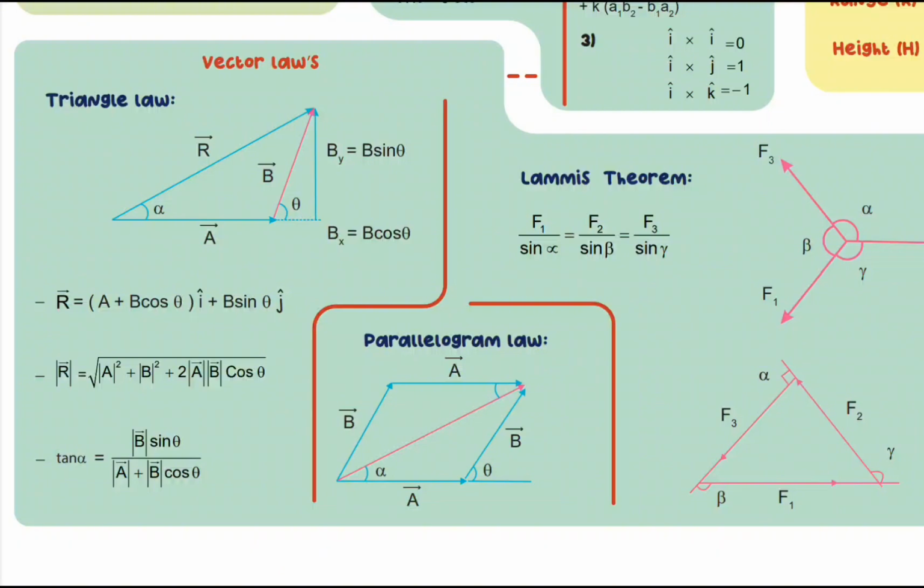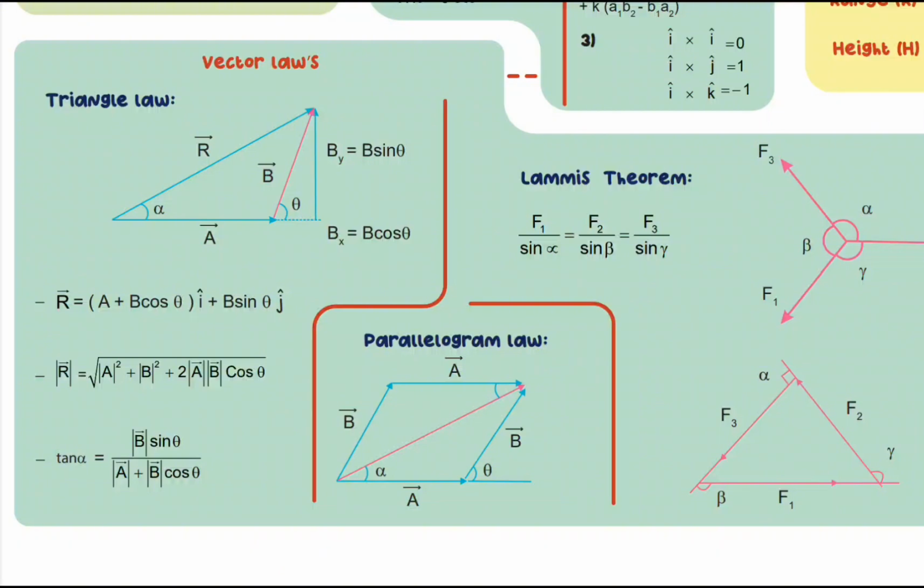Vector laws. Triangle law: if we take two vectors as the adjacent sides of a triangle, then the resultant vector will be the third side of the triangle taken in reverse order. Here the y component of vector B will be B sin theta and the x component will be B cos theta.